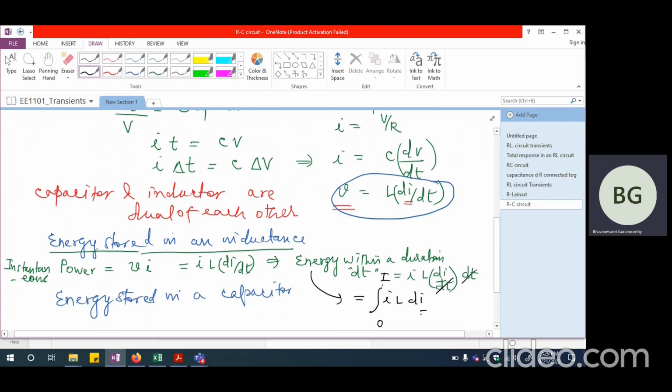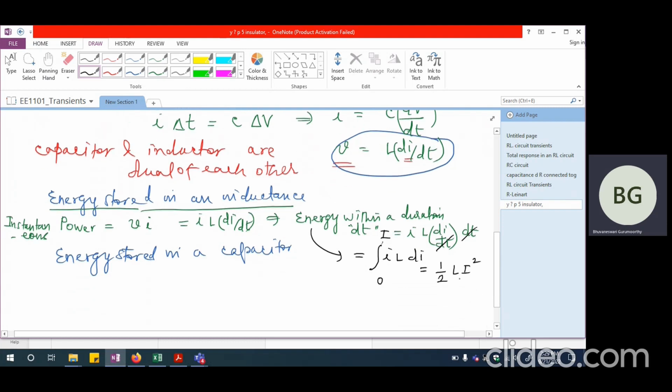This will essentially come out to be I square by 2 multiplied by L. So this is essentially half L I square. So this is the electromagnetic energy stored in an inductance when a current is slowly building up from 0 to some particular value I. So this is the total energy stored in an inductance.